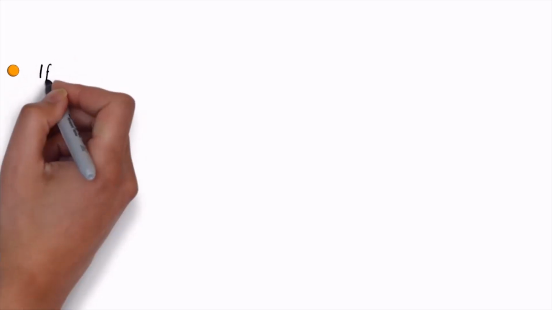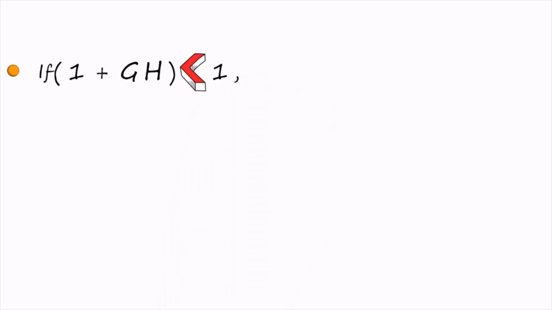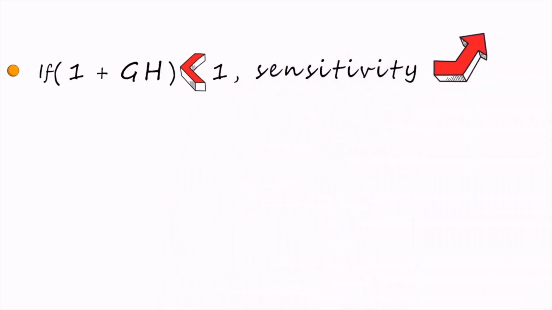So, by solving these equations, we got that the sensitivity of overall gain of a closed loop control system is the reciprocal of 1+GH. So, the sensitivity may increase or decrease depending on the value of 1+GH. If the value of 1+GH is less than 1, then sensitivity increases.